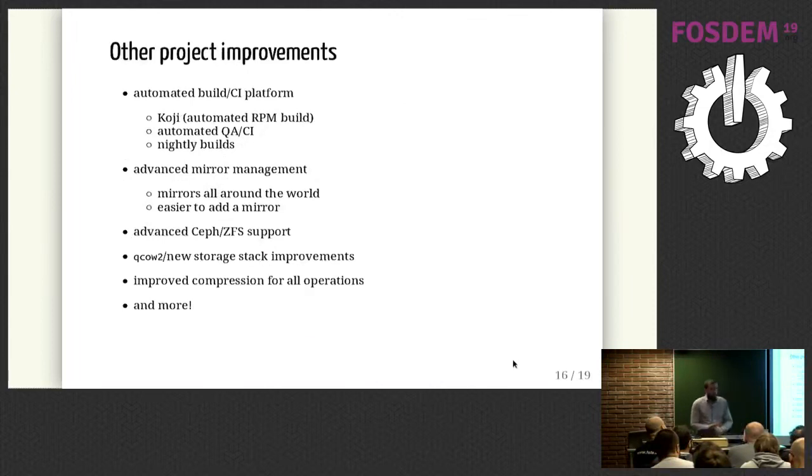Also, because as I said, it's a distro in the end, like Debian or whatever, we need to improve the tooling. So in XCP-ng, like in XenServer, the Dom0, the privileged domain, is based on CentOS. So we need a platform like Koji to automate the RPM build process. Koji is used by Fedora. We also need to set up automated QA and CI.